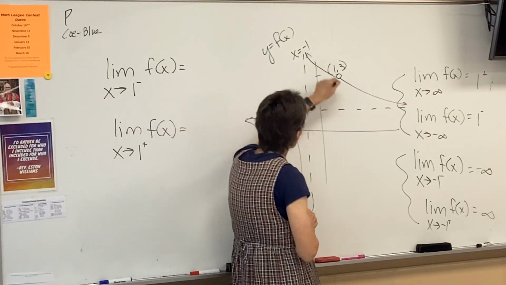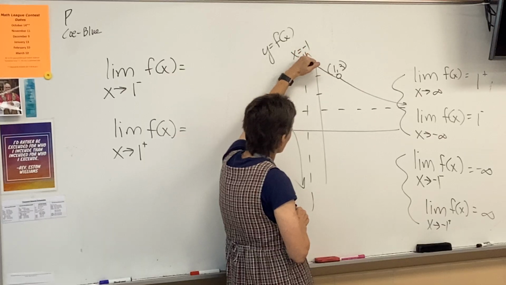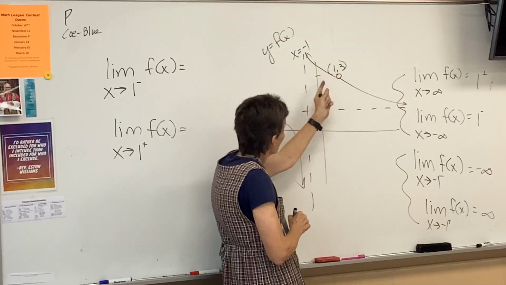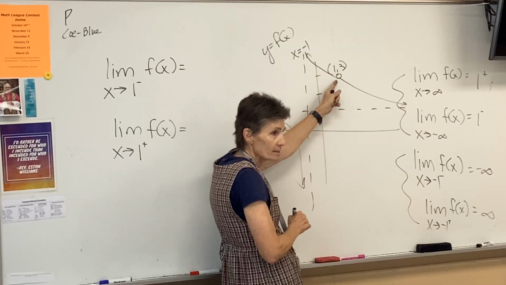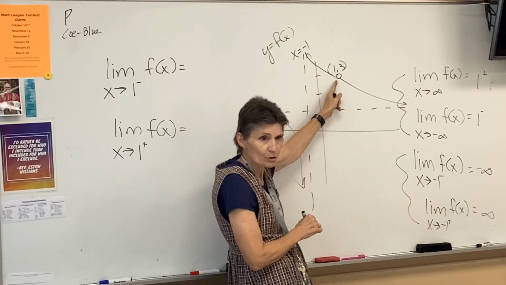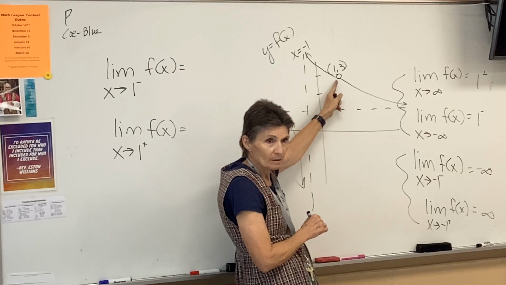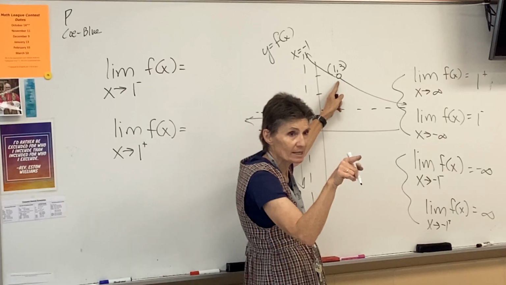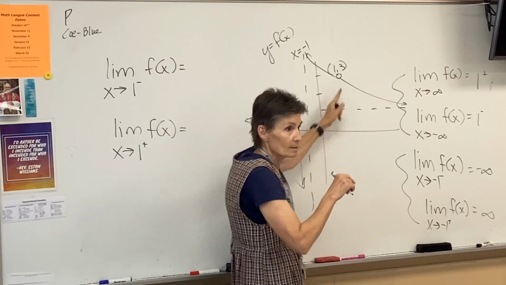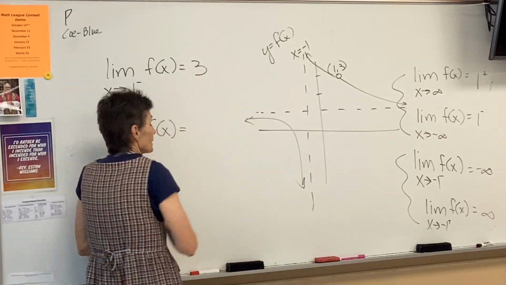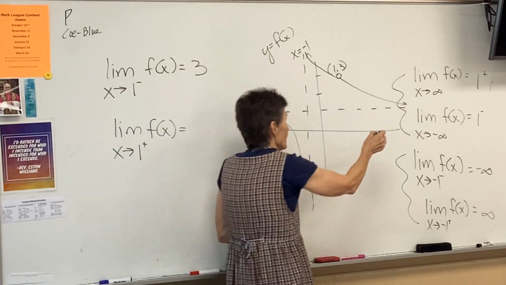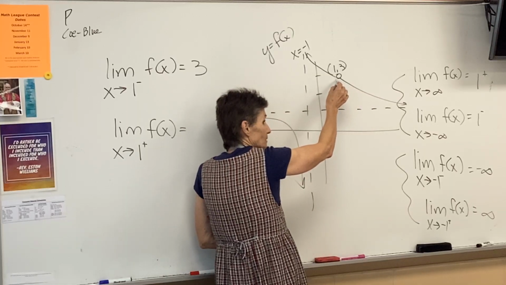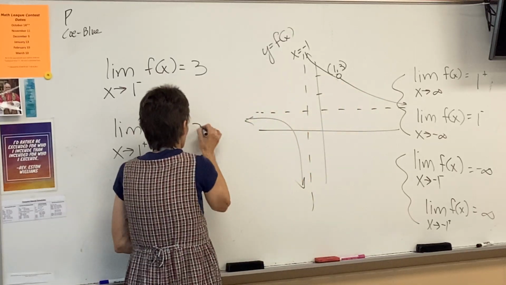Here's 1. I'm coming at it from the left. What happens to my y values as I get closer to that point right there? What are my y values doing? Decreasing? Yeah, but not infinitely decreasing. They're decreasing toward what? 3. So that's 3. And what is the limit as I approach that from the other side? Also 3.